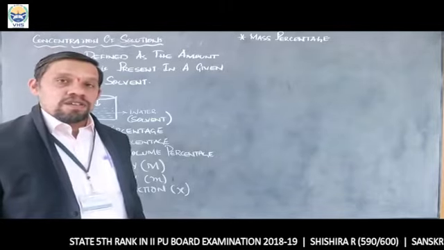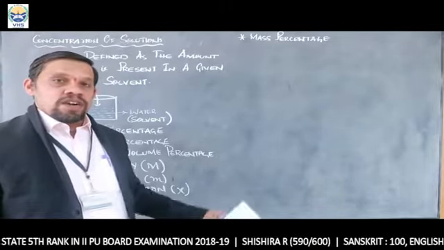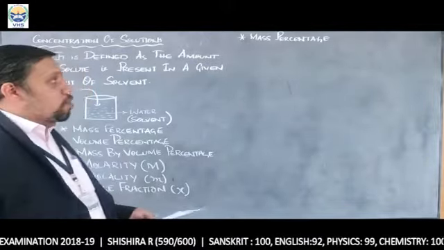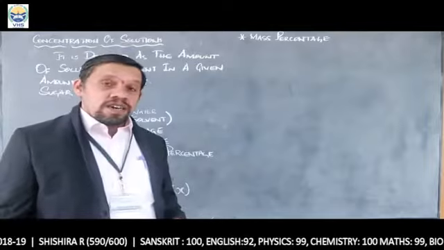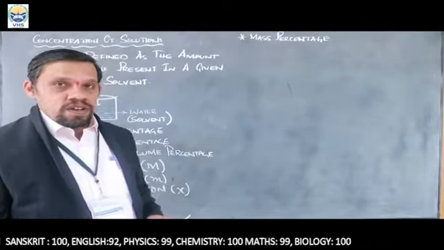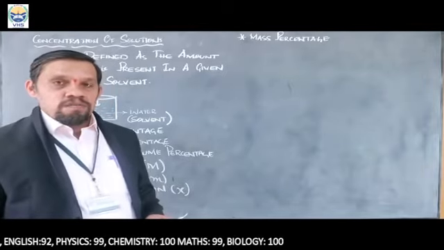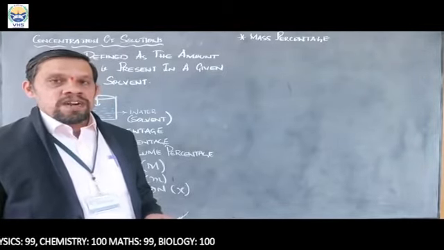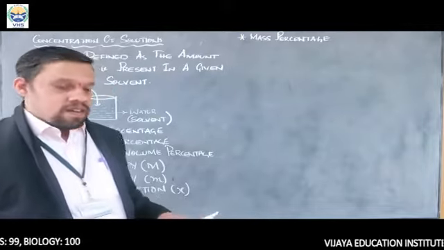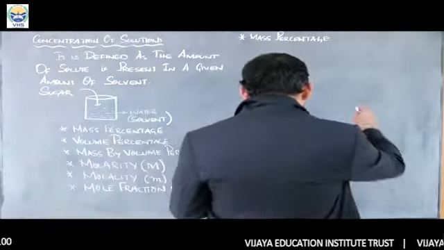So I have to find out the mass percentage. It is the mass of the solute that you have taken. What is the component? Sugar is the solute. And what is the total mass of the solution that has been obtained? Which is 110, into 100. Once we do the problem, you will get to know.